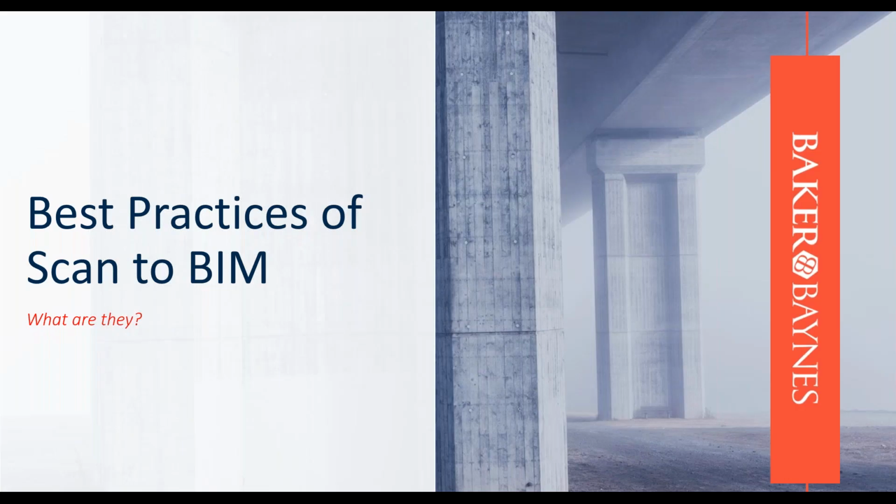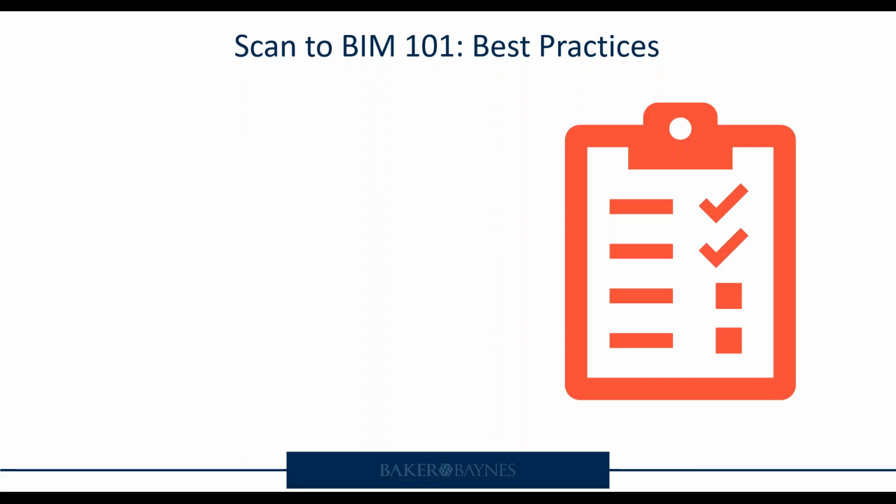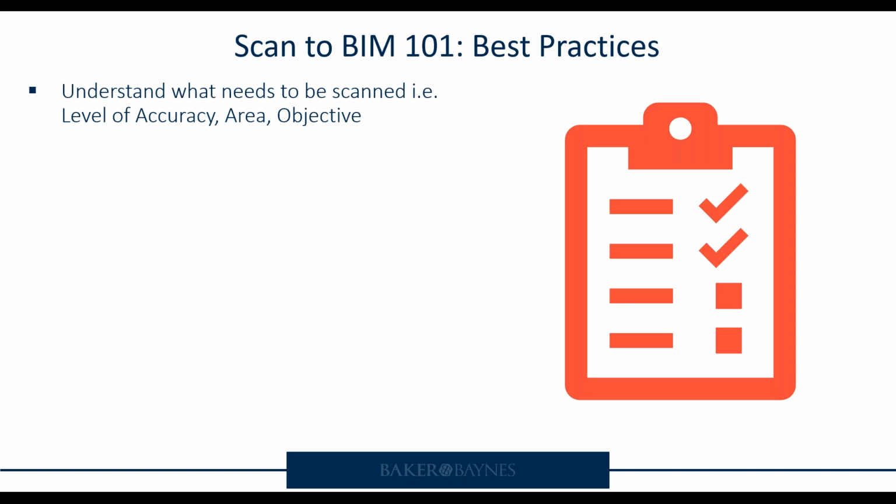So this brings me to probably the final segment of my session on the Scan to BIM 101, which is, what are the best practices to actually help you reap the benefits of the Scan to BIM? So first of all, your checklist. I am a big avid believer in this: understanding over applications, right? Whether you're doing a design class, whether you're doing scanning, it's the same thing with anything in life.